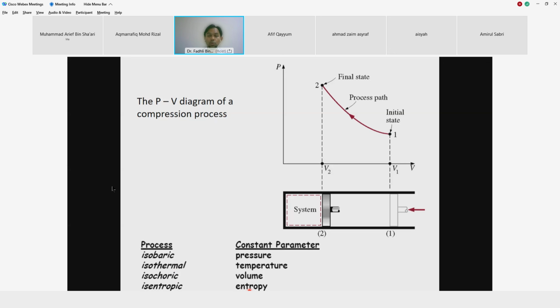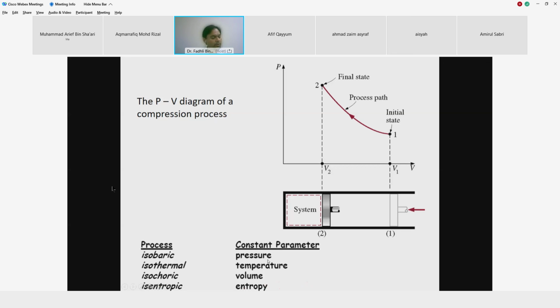Entropy is a new property, and this entropy will be discussed later on in chapter number 6. For the time being, just know that the entropy is S1. If S1 equals S2, the process is isentropic.